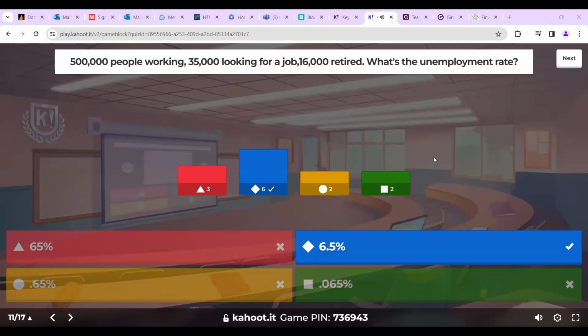So to do that, the unemployment rate equals people looking for a job divided by people working plus people looking for a job. So that's the equation there. So it would be, in that case, 35,000 divided by 500,000 plus 35,000 equals the unemployment rate.